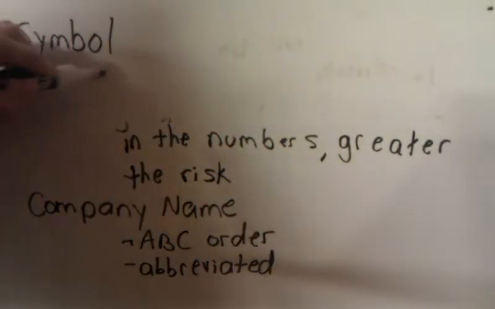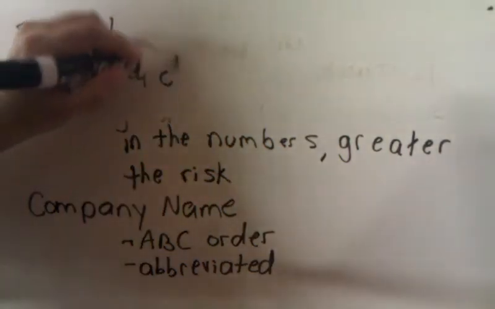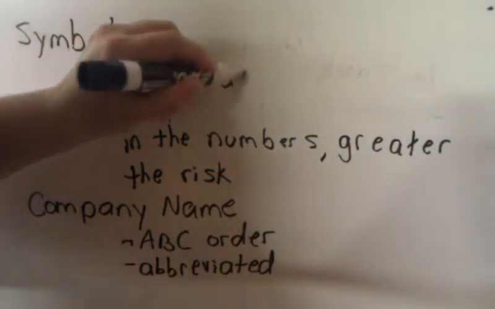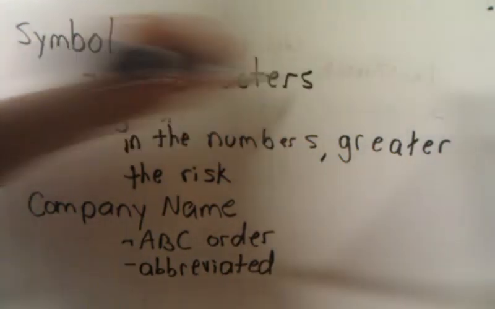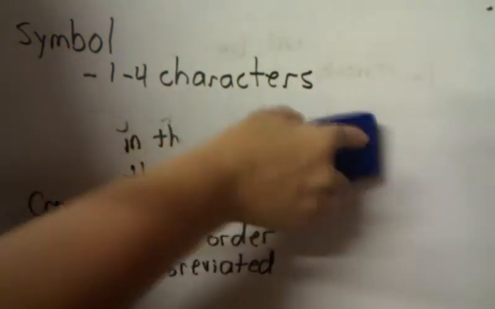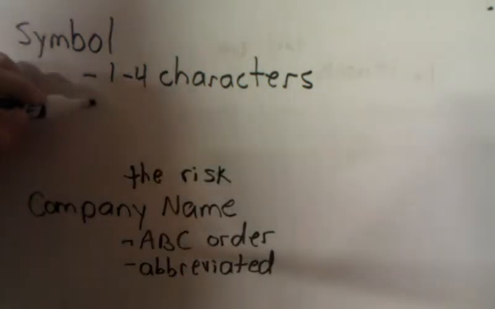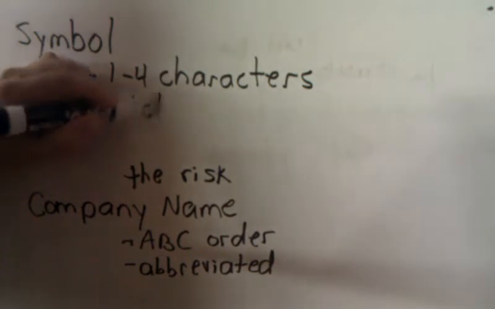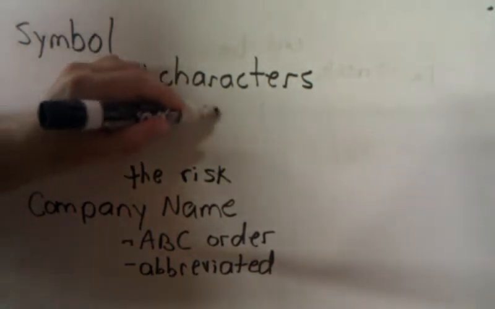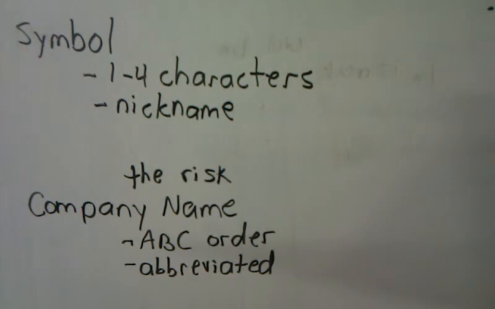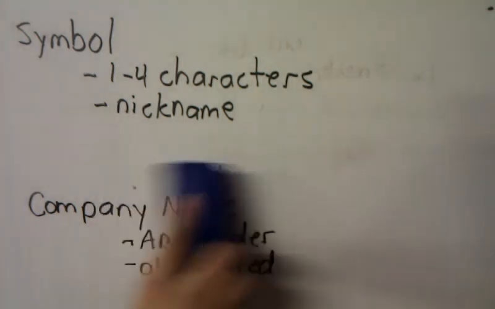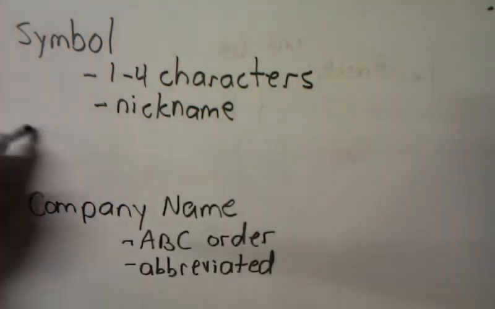So it has 1 to 4 characters, and it's kind of like a nickname. Dividend. Here you will see a dollar amount. This is the cash amount of money that the company pays you each year for the stock. Okay, so dividend.